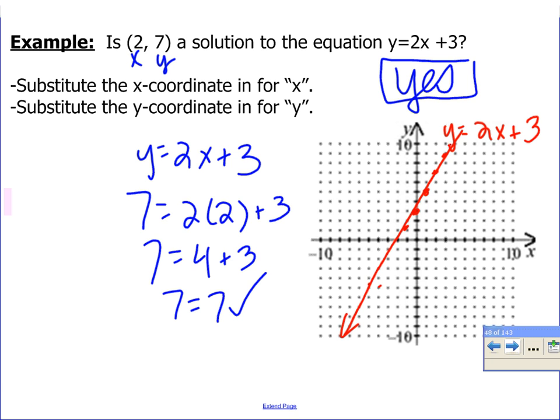So you start at 0, 3, go up 2 over 1, up 2 over 1. If it is a solution, it should be on the line. So 2, 7: over 2, up 7, 1, 2, 3, 4, 5, 6, 7. It's on the line, it's a solution. Another way to check: if you were using your calculators, you could graph a line and hit table. All of those listed are linear combinations. They're ordered pairs that are on the line.